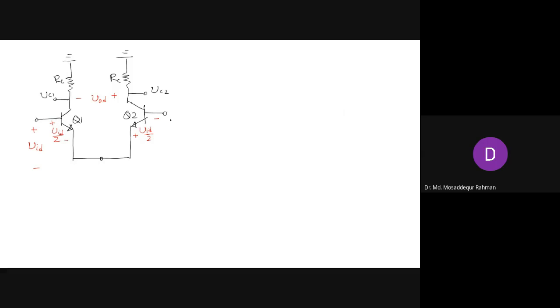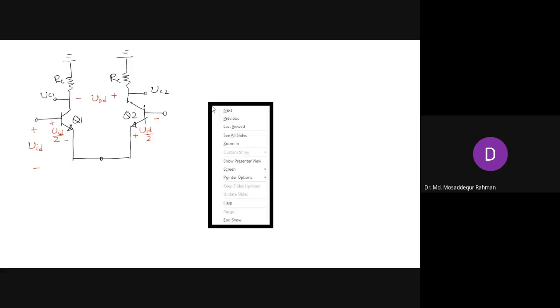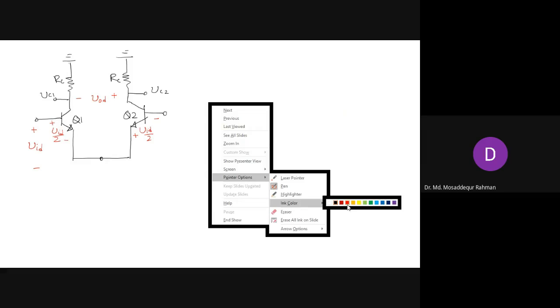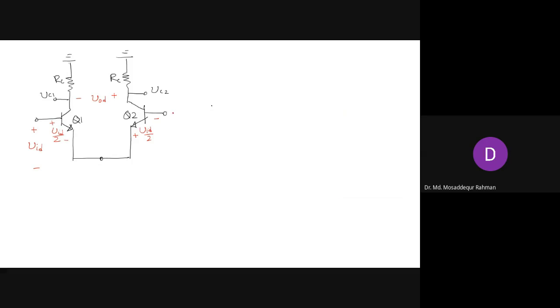So taking this as a reference, we can indicate that this side is minus VID by 2, and this side is plus VID by 2. And so the difference still remains VID.